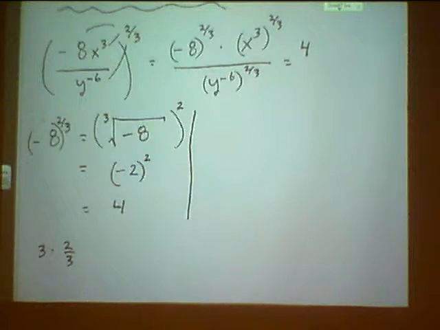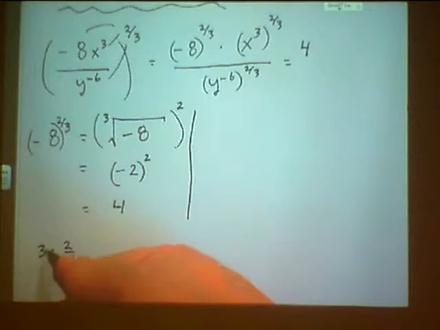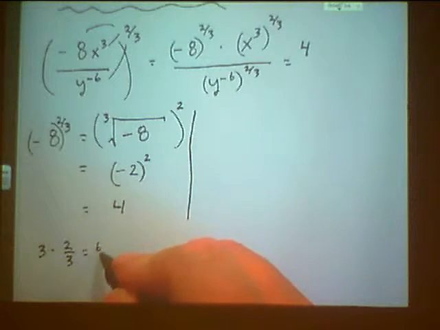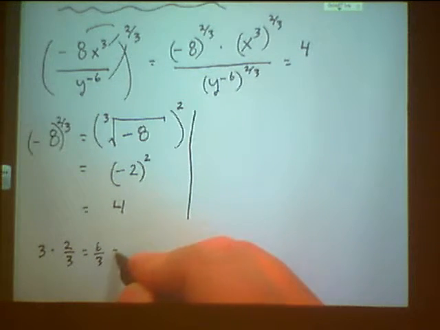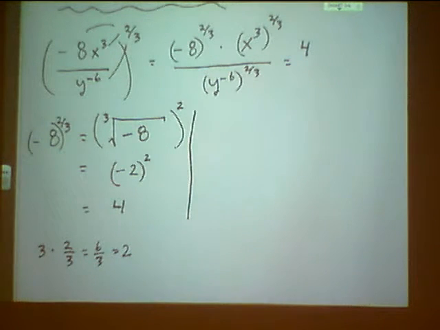One way is you can multiply the number times the numerator and then divide it by the denominator. So that'd be 3 times 2, which is 6, over 3, which is 2. Now other people notice that you got a 3 here and a 3 down here in the denominator, so they just cancel out and you're left with the 2. Either way you want to do it, it's going to be 2.